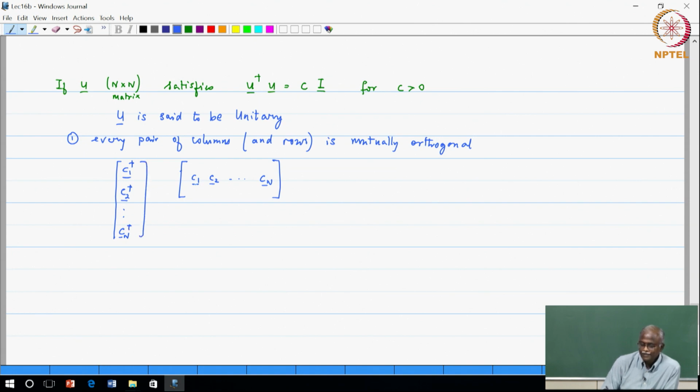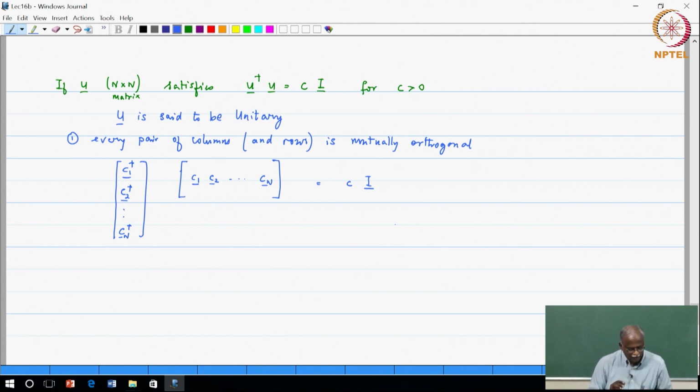Now, C1 dagger times C1 becomes some scale factor. C1 dagger times C2 is 0. So, basically you can see how this will manifest itself as some constant times the identity matrix. Similarly you can show it for the rows as well. So, the DFT matrix is very rich in symmetry. It has got lots of very interesting properties, but as far as we are concerned, it is a matrix that we would like to leverage for our multirate structures.